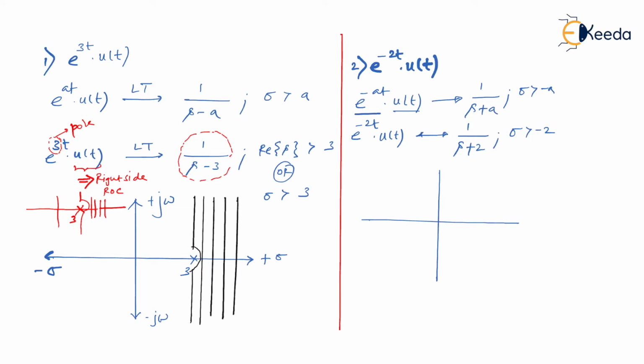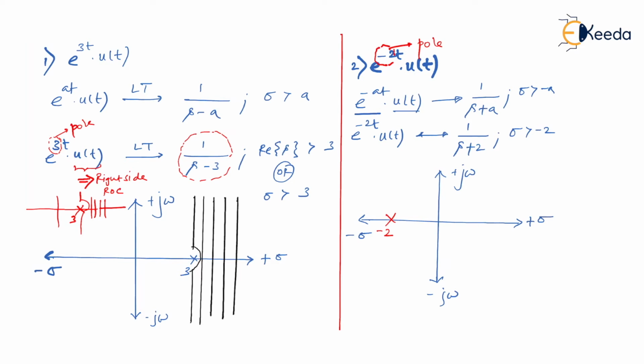To show the ROC, I am drawing this s plane. Now the question is, where is the pole? By using the trick, I can understand the pole is present at minus 2. So when I say minus 2, it would be this pole. Am I right?